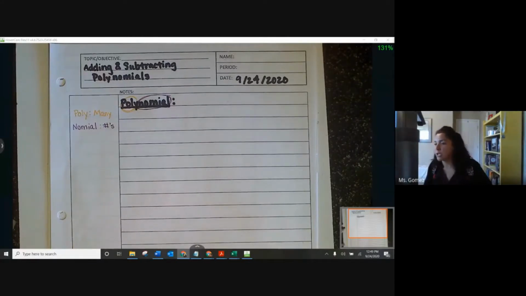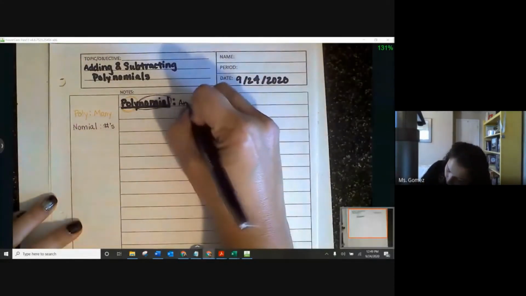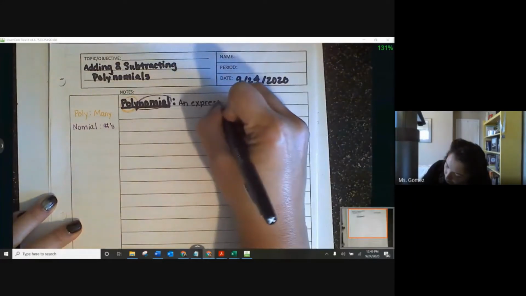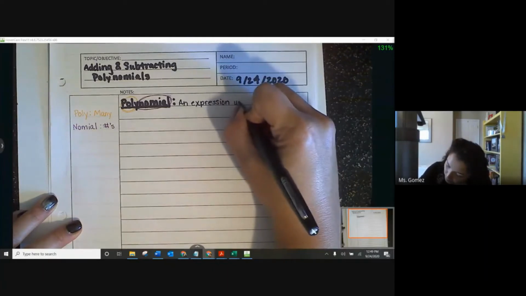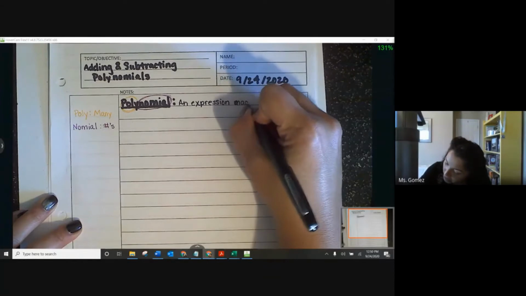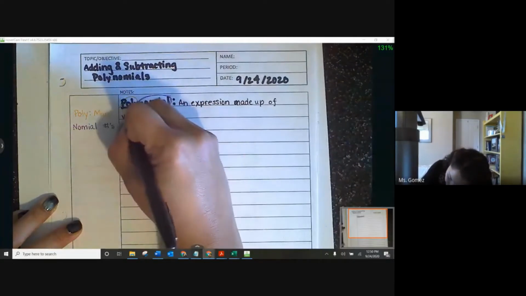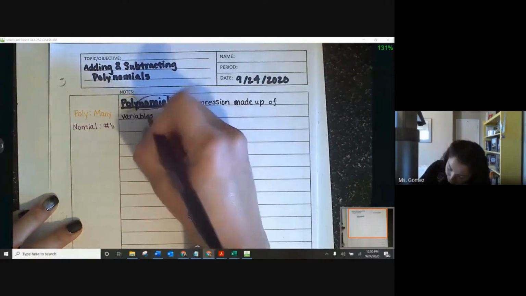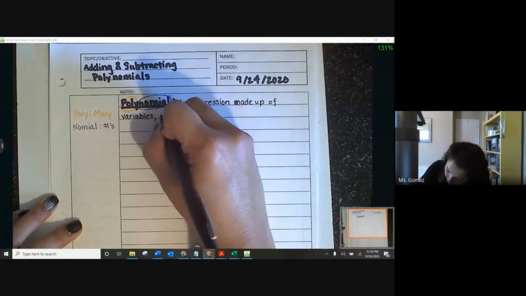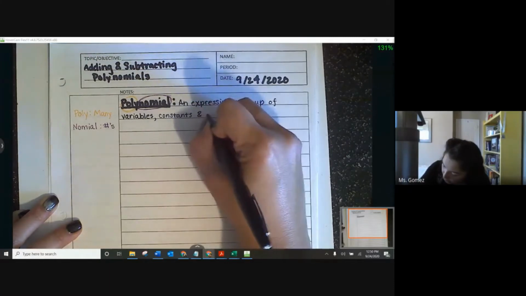Now, of course, I want to give you guys a better definition than that. So polynomial, we're going to write that down as an expression made up of variables, constants, and coefficients.